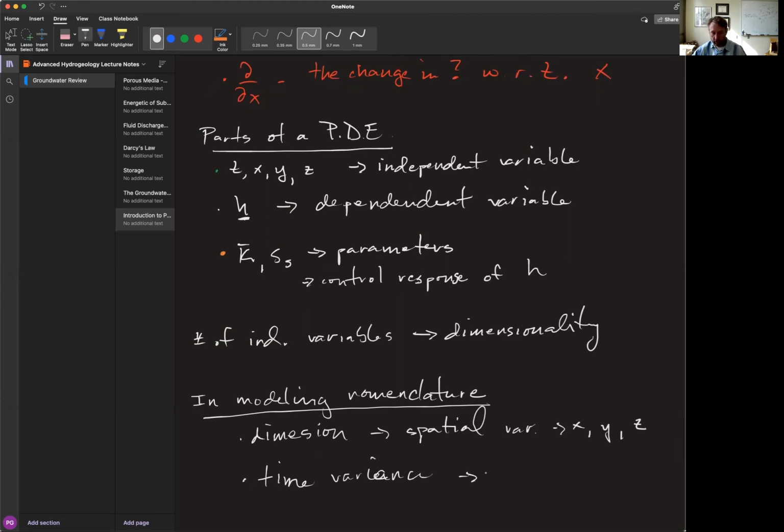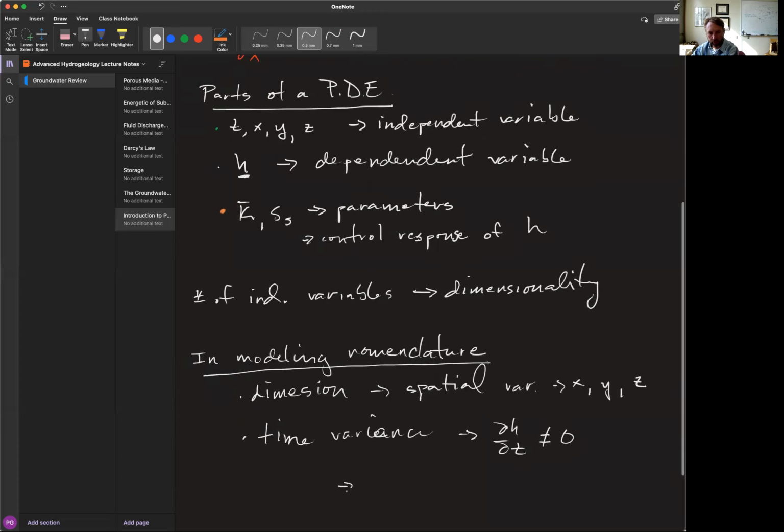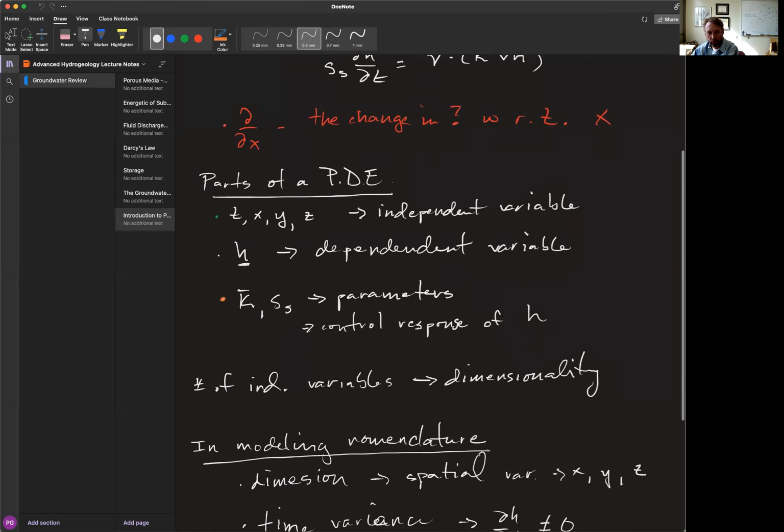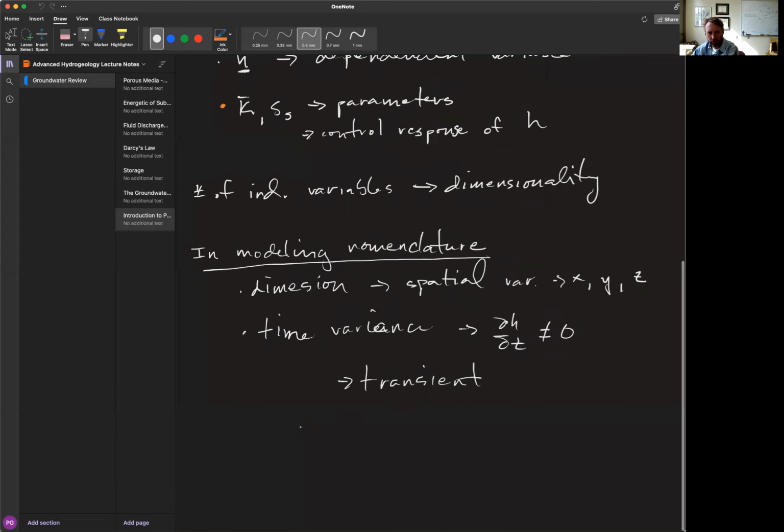If we're considering a field where the groundwater head changes in time, so if dH dt is not equal to 0, we call this transient. All right, so in our case here, dH dt is not equal to 0 in general. I mean, it could be, but because we've specified a value here, it's not in general equal to 0. It means the head changes with time, and we call that a transient simulation.